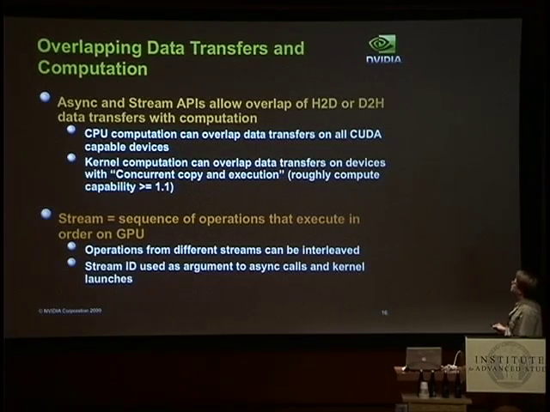You can overlap the motion of data and some of the computation. There are asynchronous and stream APIs, and these allow you to overlap the data transfers from the host, from the CPU to the GPU and vice versa. It works like this.